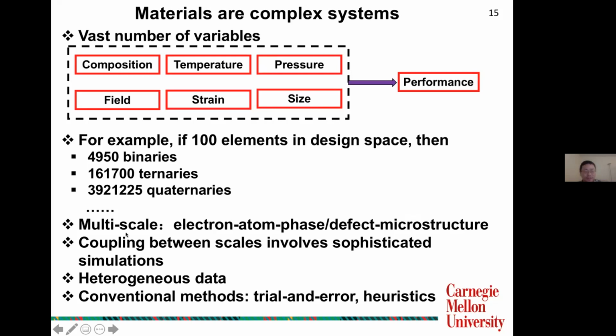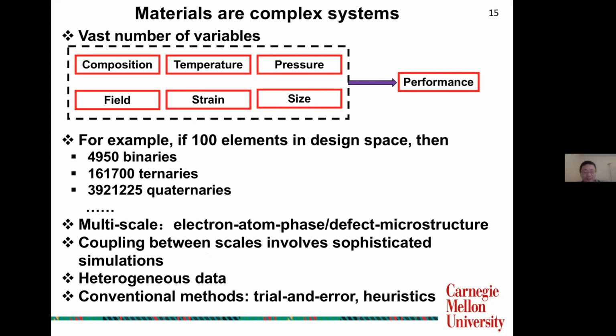Another feature is that it's multi-scale. You study from electrons and atoms to phases and defects up to microstructure. And then the coupling between scales involves sophisticated simulations. For example, in thermodynamics, if you want to get the phase equilibrium from the Gibbs energy, then you need to do a thermodynamic calculation.